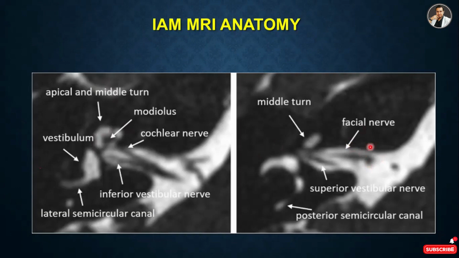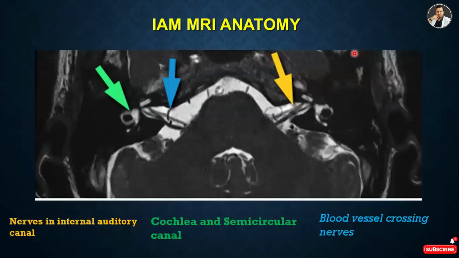Here is the facial nerve. The facial nerve and cochlear nerve are close together. Then the superior vestibular nerve. And the posterior semicircular nerve. We need to know more about these things. This is the best image.